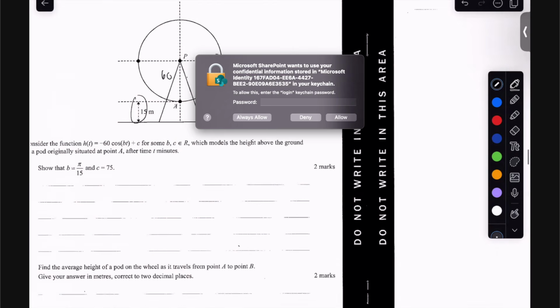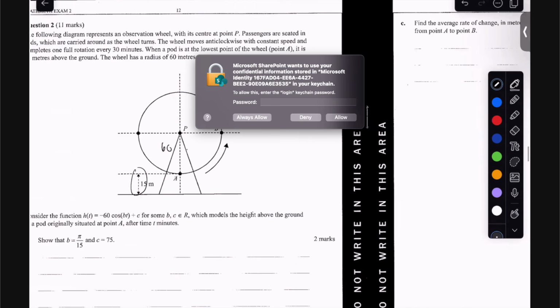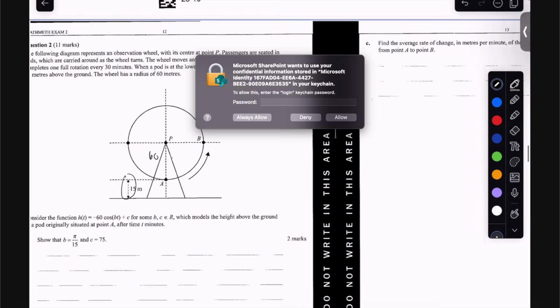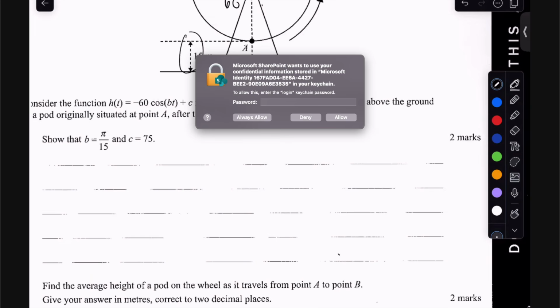Consider the function h of t which models the height above the ground of a pod. Okay, full rotation every 30 minutes, and t is in minutes. So 2 pi on b is equal to 30.